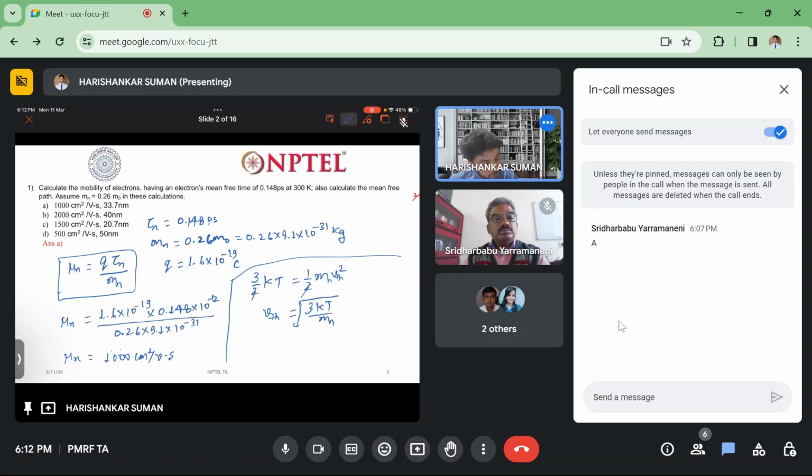We know kT in electron volt. Put this value, find the value of v_th, 2.2 times 10 to the power 7 centimeter per second. So mean free path is v_th into tau n.